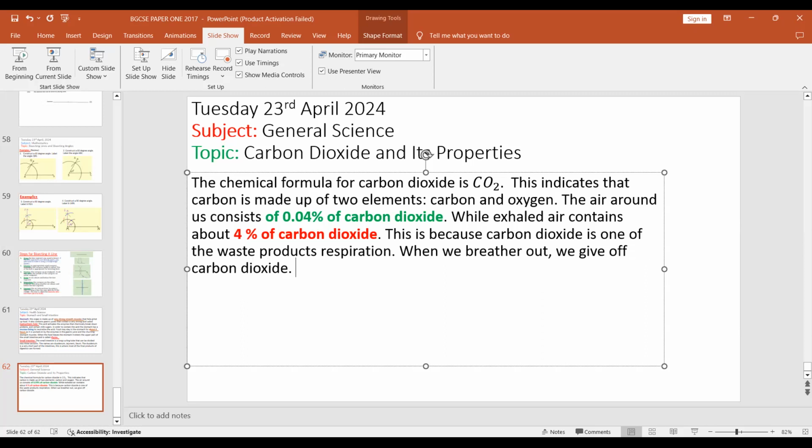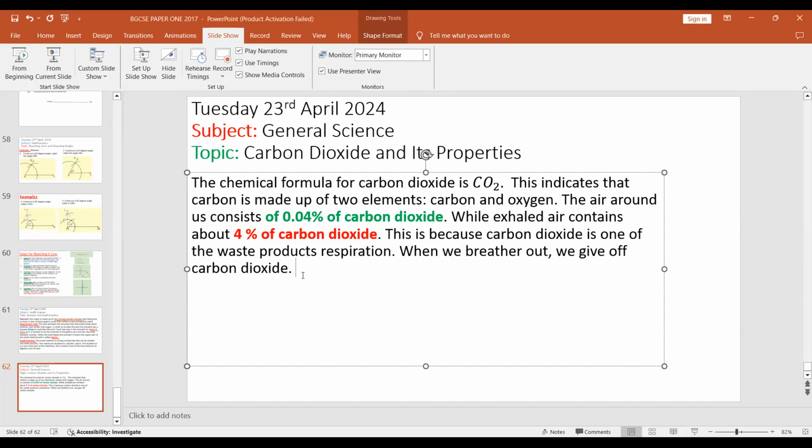Because when you breathe out, obviously you're going to breathe out more carbon dioxide. Does that make sense? Let me know if y'all understand that for me. Hello, does that make sense? Yes, sir. Okay. So when you breathe out, you breathe out carbon dioxide. So that's why exhaled air would have more carbon dioxide in it.